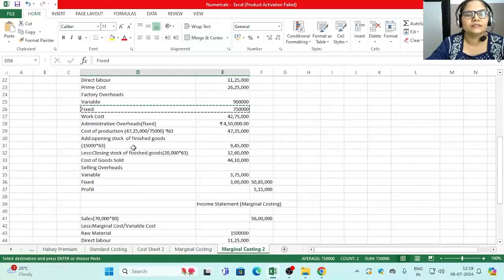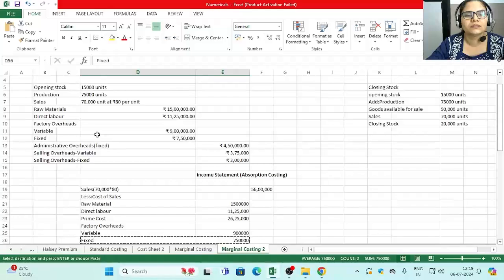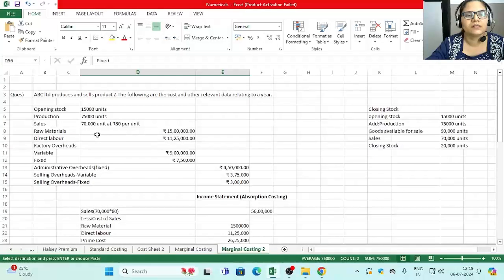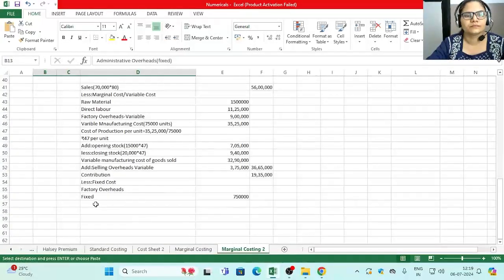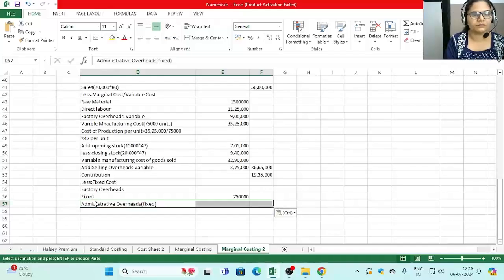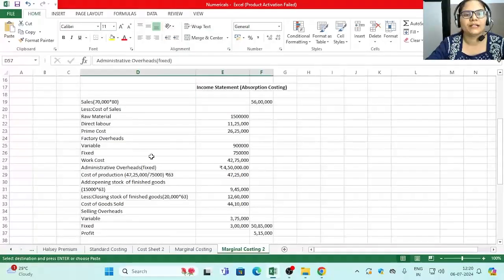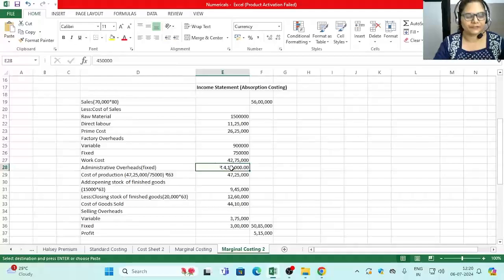Next is administrative overheads, those are also fixed, which is of value 4 lakh 50,000.